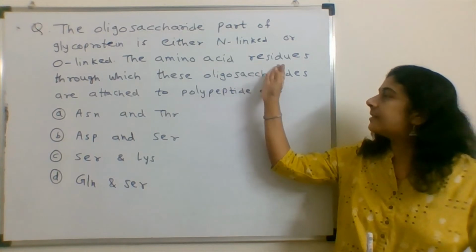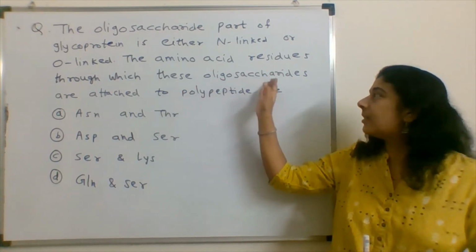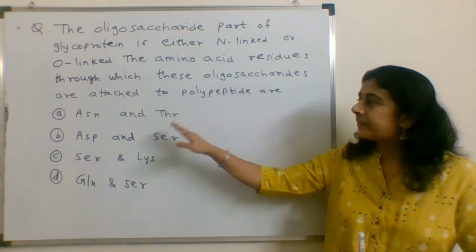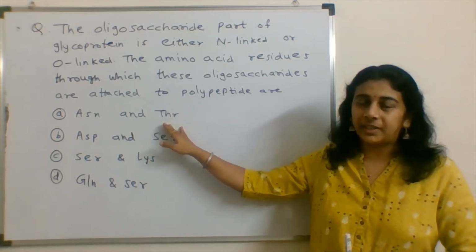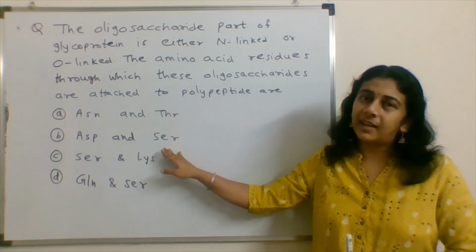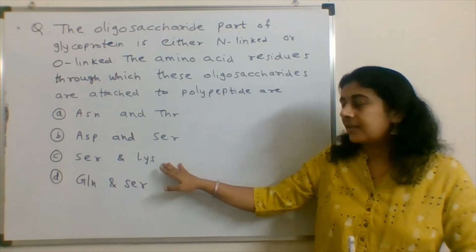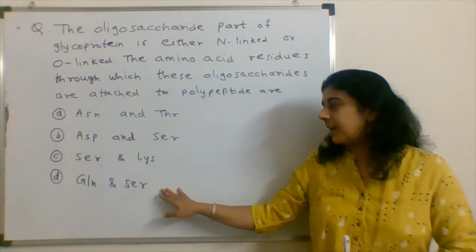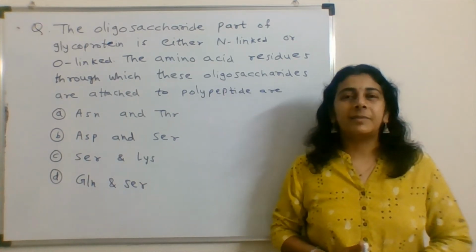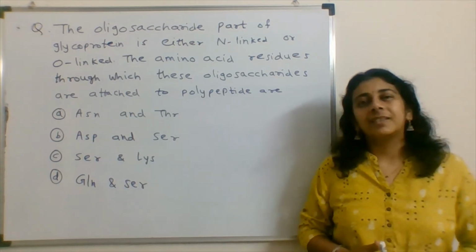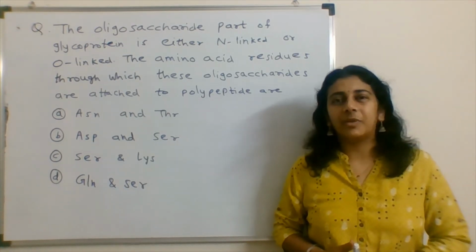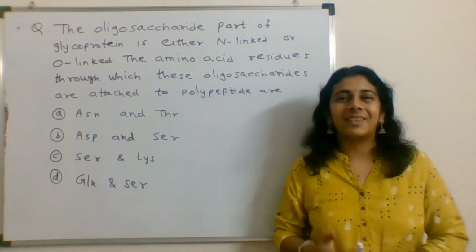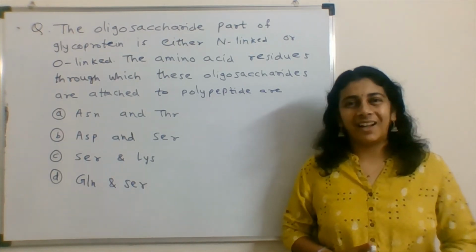The amino acid residues through which these oligosaccharides are attached to polypeptide are asparagine or threonine, aspartic acid and serine, serine and lysine, or glutamine and serine. These four are the options. This is 1 mark MCQ type of question. So let's see what are these amino acids, their functions, and find the answer.